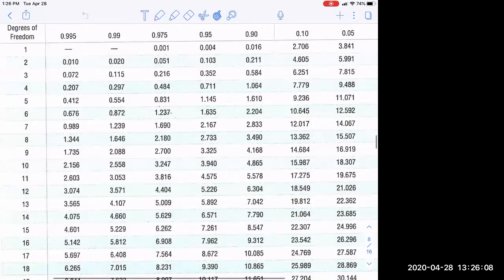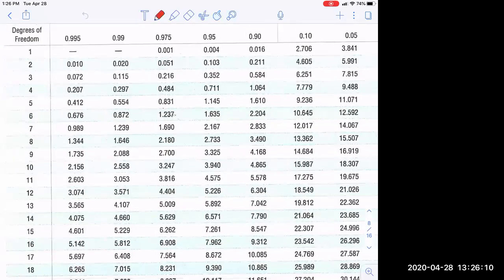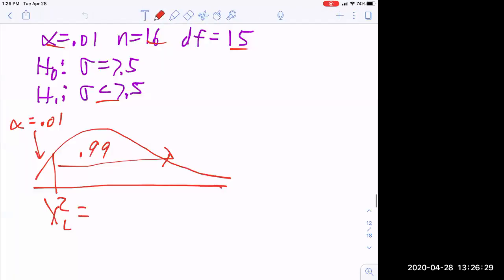I've got my column. There's my area to the right. My degrees of freedom is 15. There's my chi-squared left, 5.229. So let's go back and finish our analysis. 5.229.